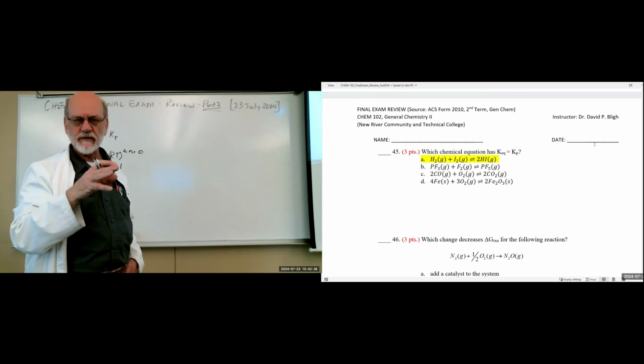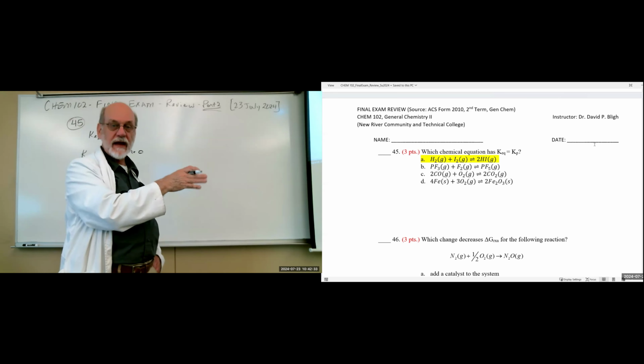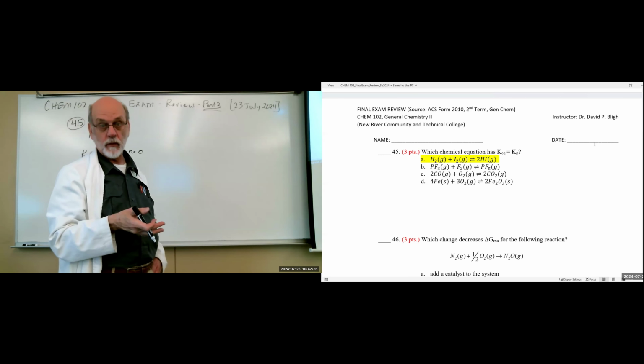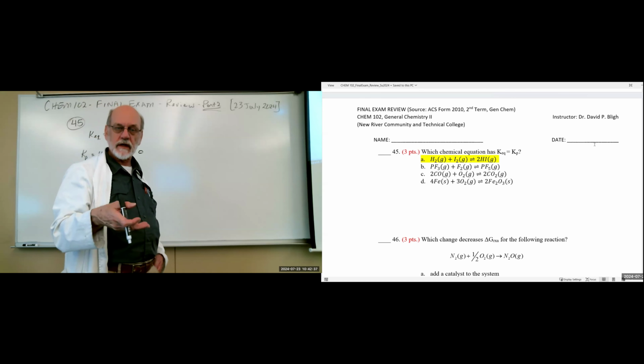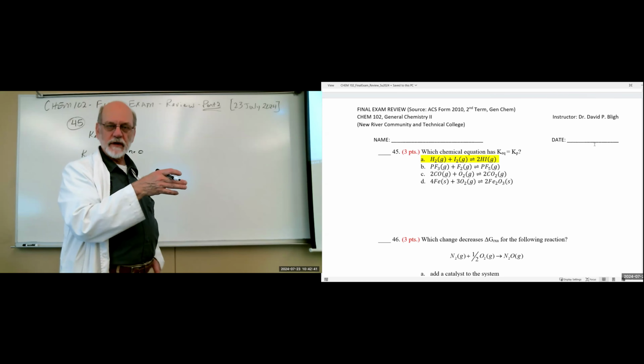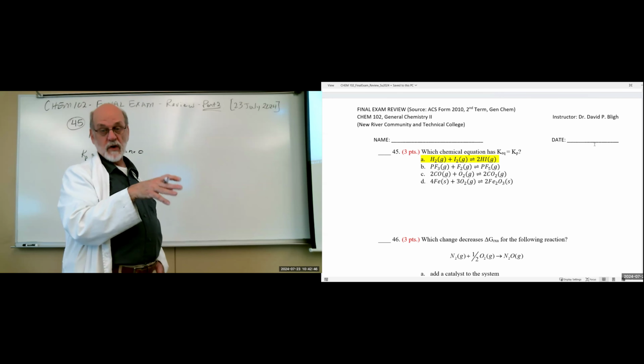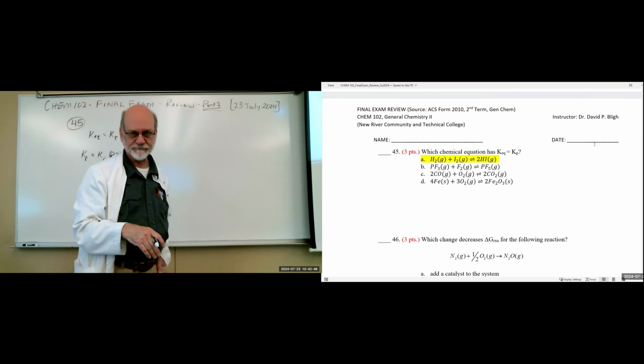Which one of these gives us a change in moles of gas equal to 0? Well, the first one is 2 moles of reactants and 2 moles of products. That would work. The second one is 2 moles of products and 1 mole of reactant, that won't work. The third one is 3 moles to 2 moles. The fourth one is 3 moles to 0.